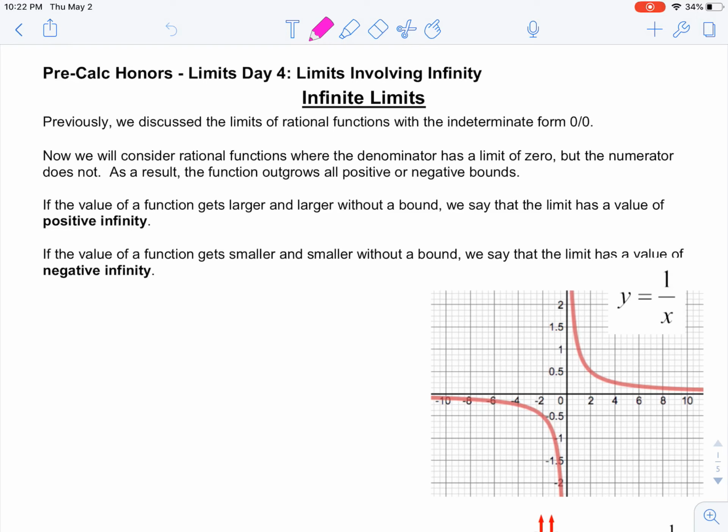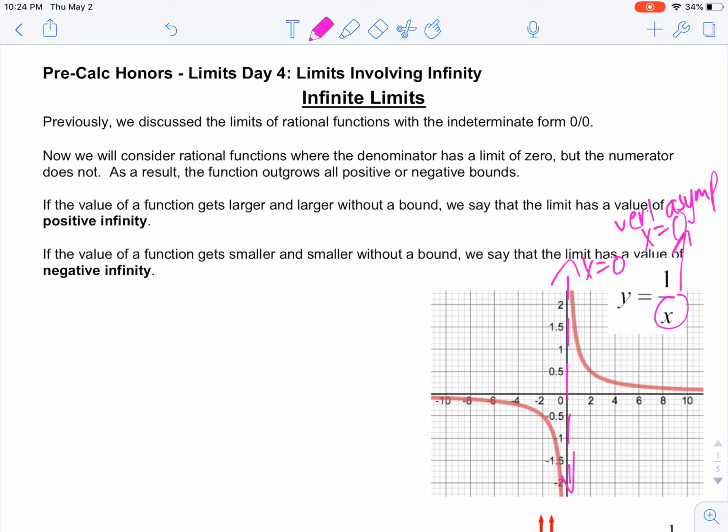Now we've learned in previous chapters that since we have this x in the denominator, we have a vertical asymptote at x equals 0. Right there.